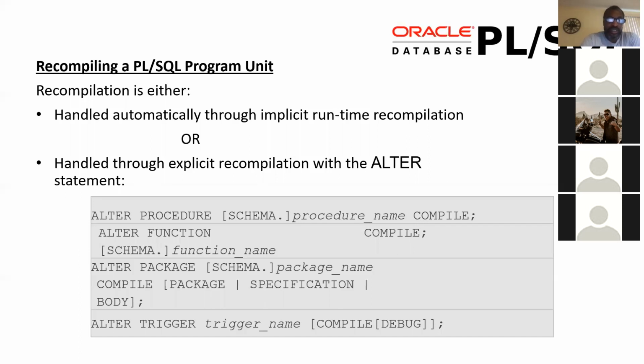If you're working on dependency, you can handle it through implicit recompilation at runtime, where you just alter and run it, or you can handle it through explicit recompilation, which means you actually run the alter statement. That's essentially an explicit recompilation.